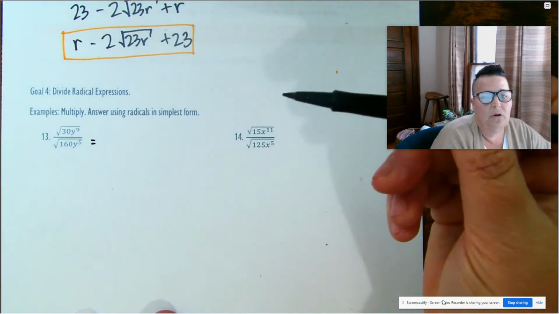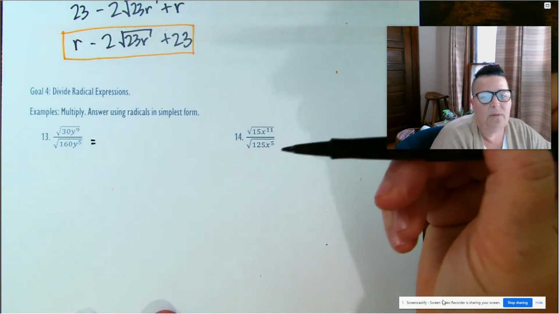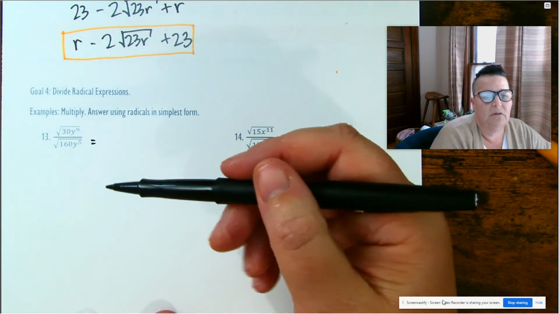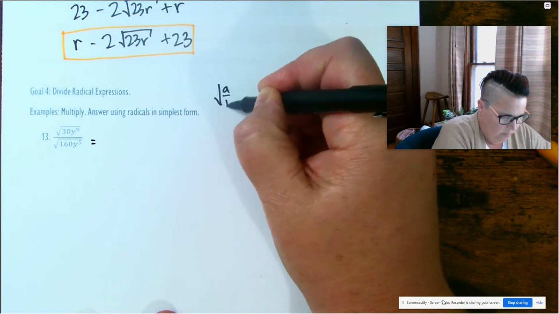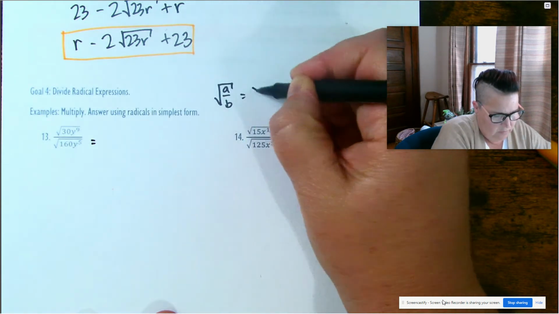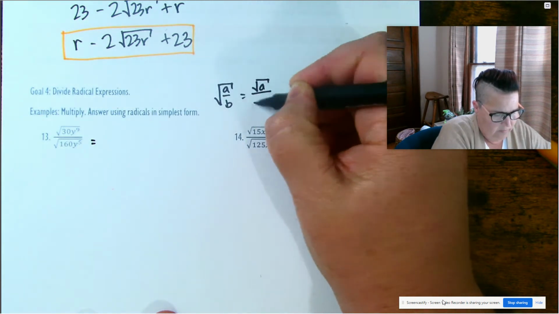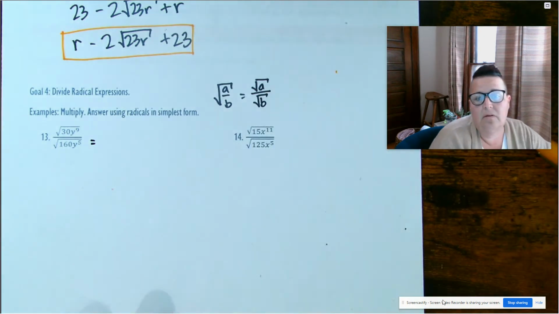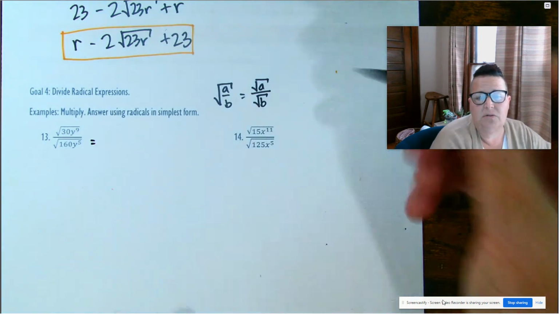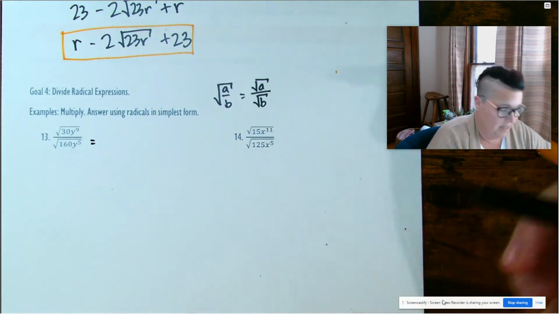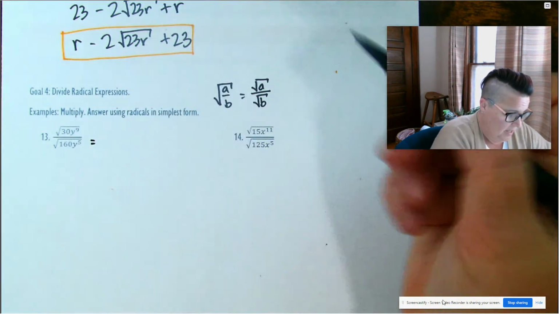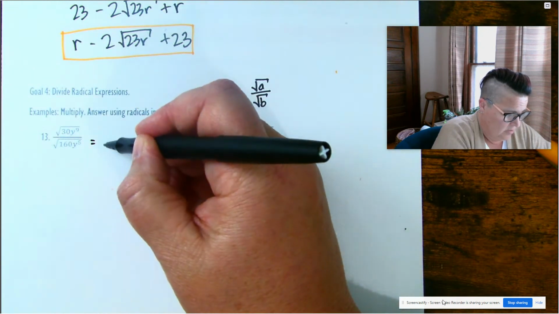Do you remember that the square root of a over b is equal to the square root of a over the square root of b? Is it also true that it goes the other way? It does.